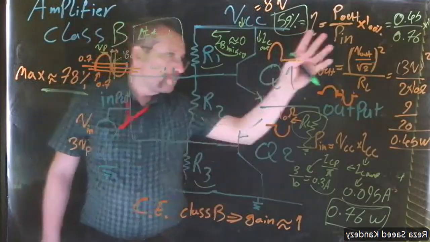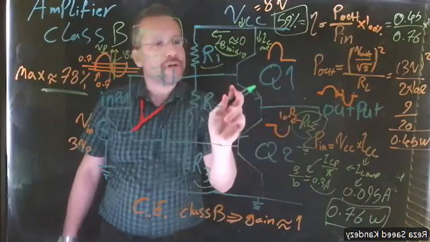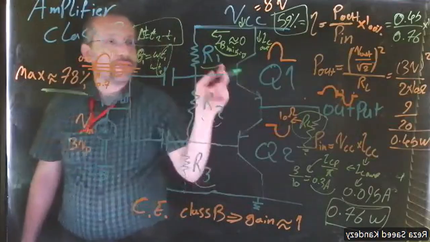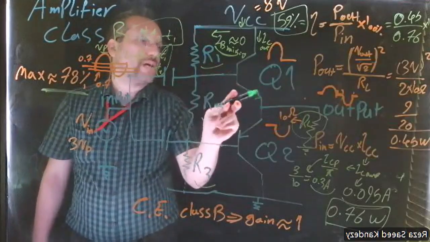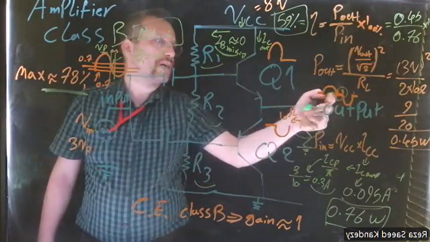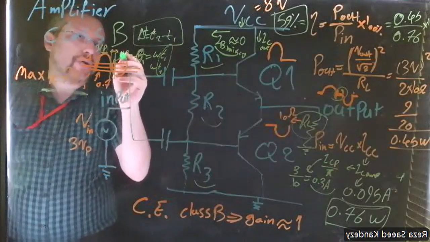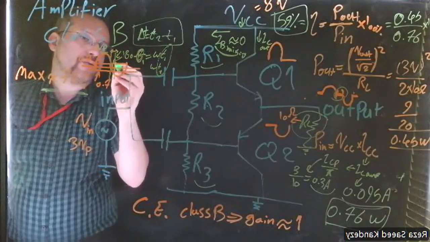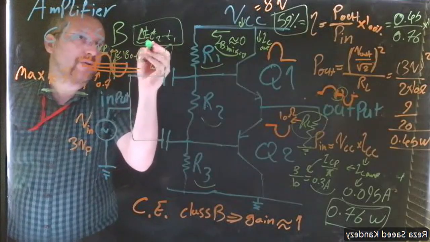Now this is how we could calculate the efficiency of a class B amplifier. But one of the most important parts to know about class B is that off time, that distortion. So you need to also measure how much distortion you have, meaning you have to measure the length of that time interval.